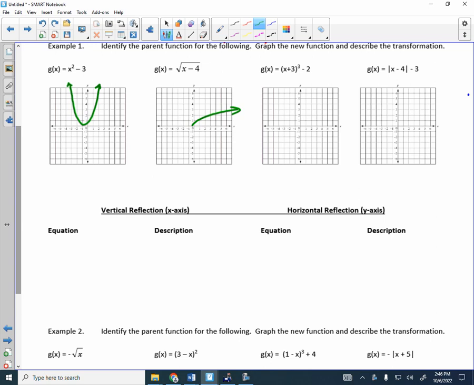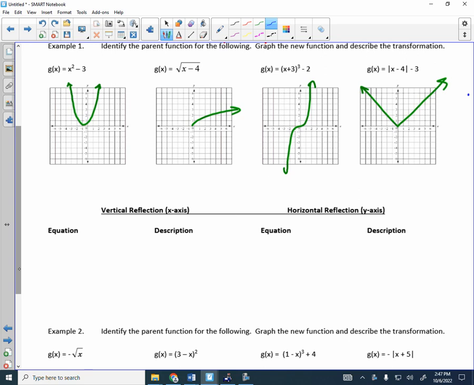Okay, so that one's a square root function. What does the third one look like? Yep, point of origin, that squiggly thing. What does the last one look like? Yeah, the V. Very good. So you should be able to look at each one and know what the original parent function is. And then we apply the transformation.